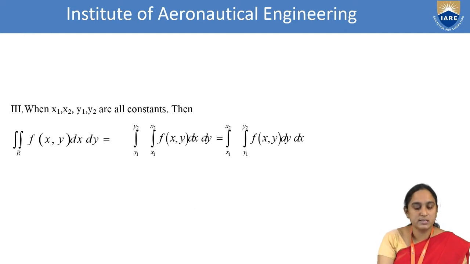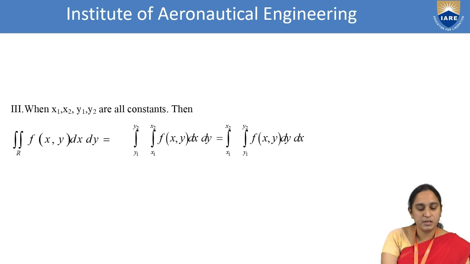And the third case, what is the third case? Third case means the third type. When x1, x2, y1, y2 are all constants, then the formula for double integral f of x comma y dx dy is equal to, here y1, y2 and x1, x2 are constant.